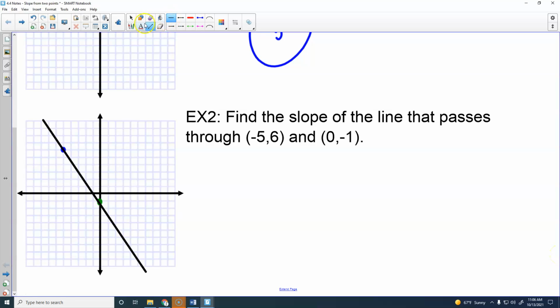And to count that, you're going to go down 1, 2, 3, 4, 5, 6, 7. Since down it's -7, and then right 1, 2, 3, 4, 5. So -7/5 for that one. Okay, questions?